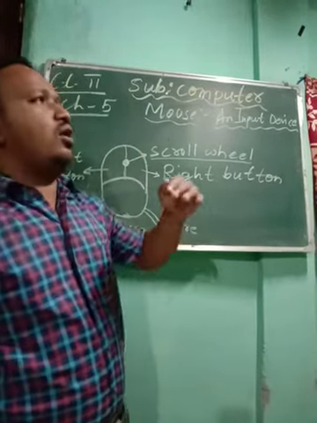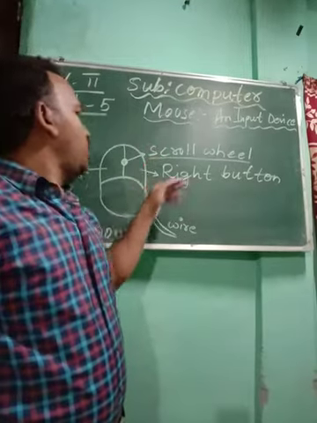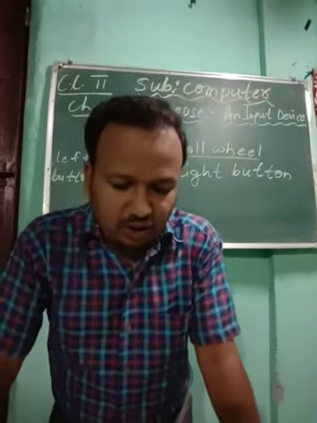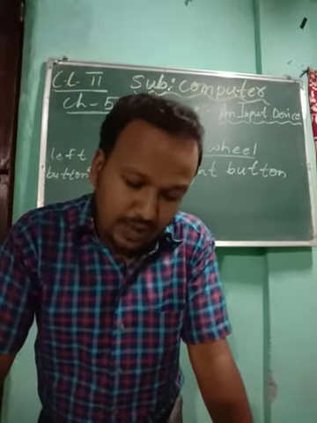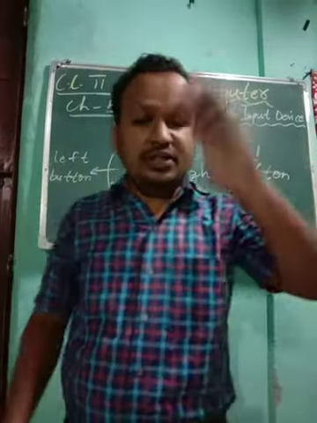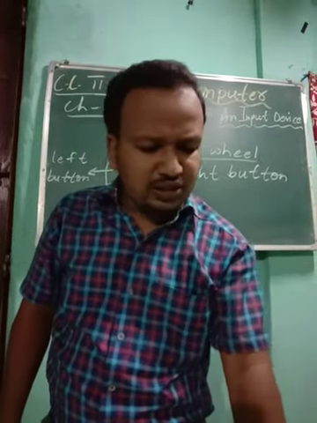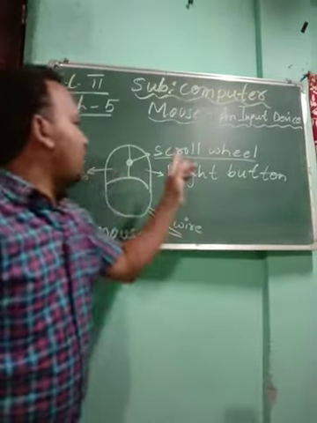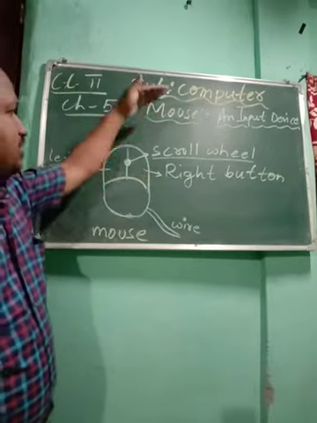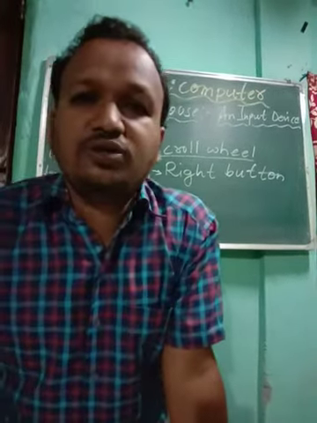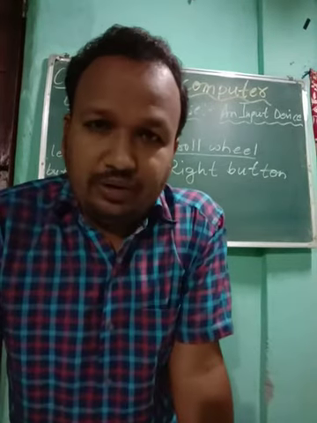Suppose you want to go up or down, the scroll will help you to move up and down in a page. If you want to see down what you have written, or at the top of the page, you can just move the scroll and see the up and down part of your page, what you have done, what you have written.